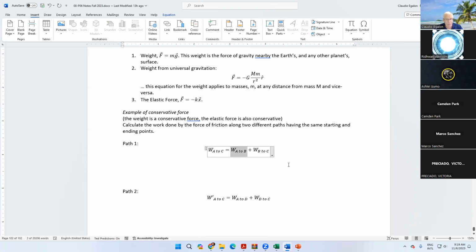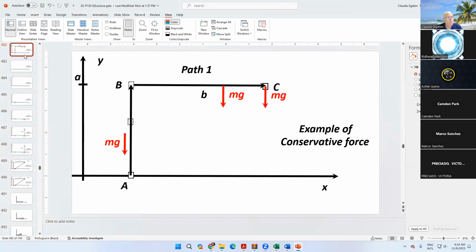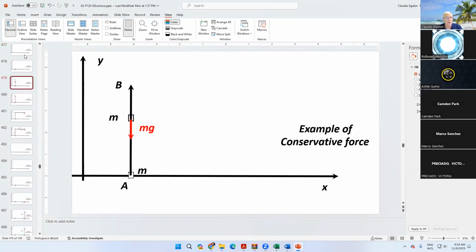The work done from A to B, this one right in here. Notice that the displacement is upward and the force is downwards. So what does it mean?